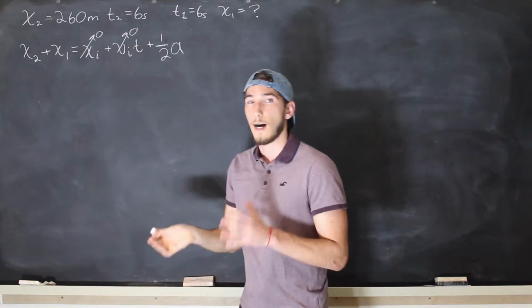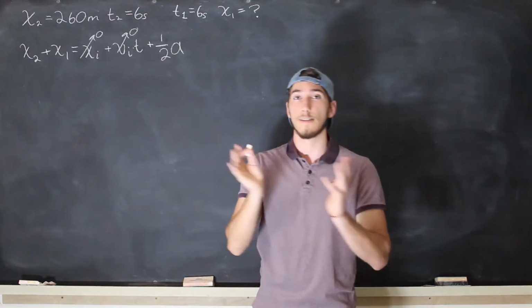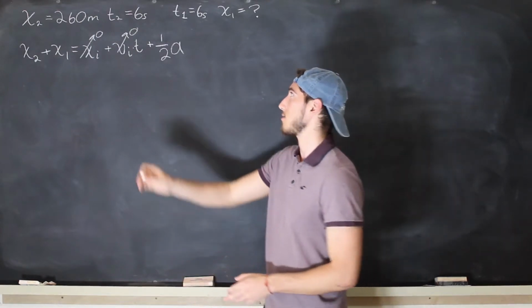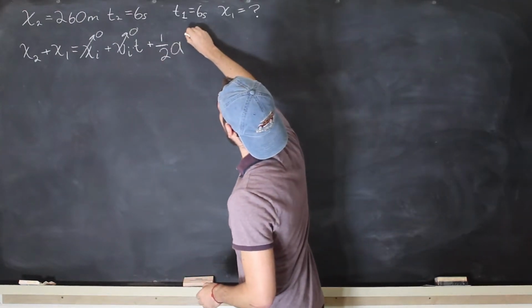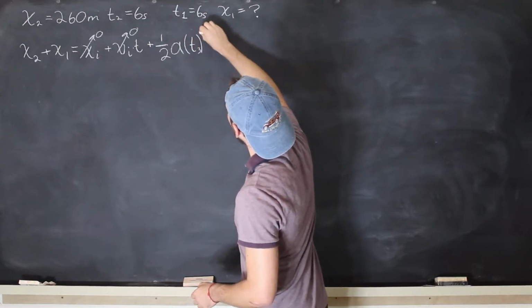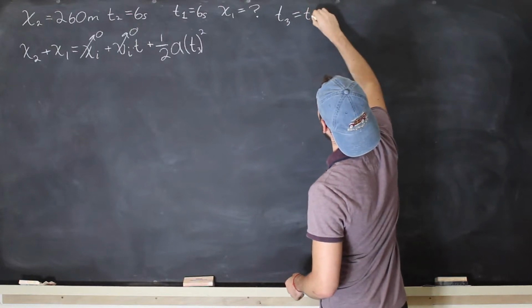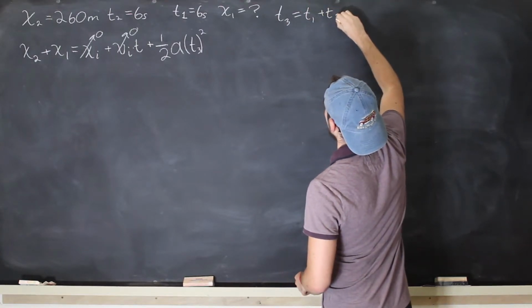Now, the time that it travels in the total distance of x2 plus x1 is 12 seconds. So let's just call this time 3, where time 3 is equal to time 1 plus time 2.